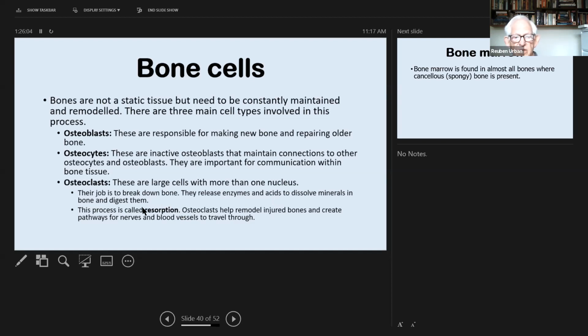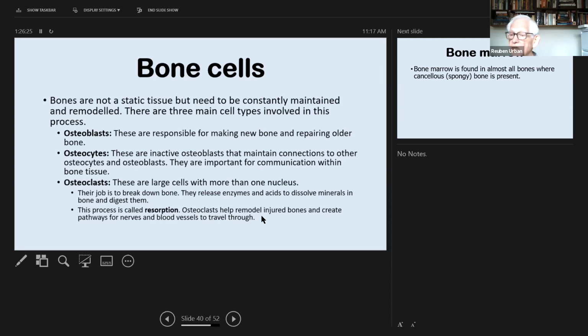Now this is called resorption, not absorption. Resorption means the body resorbs the contents of the cell. And so the osteoclasts help remodel.